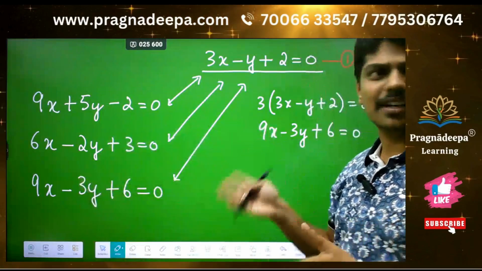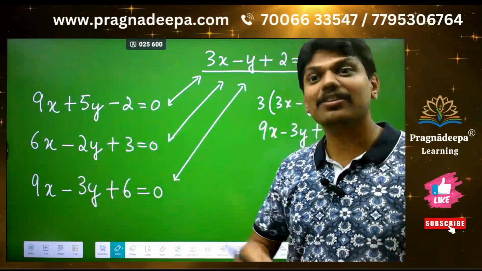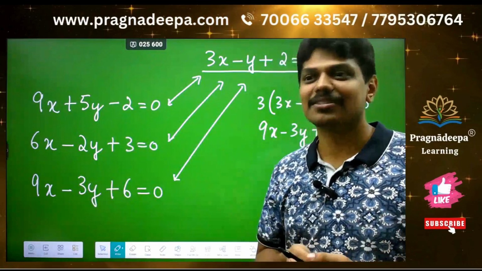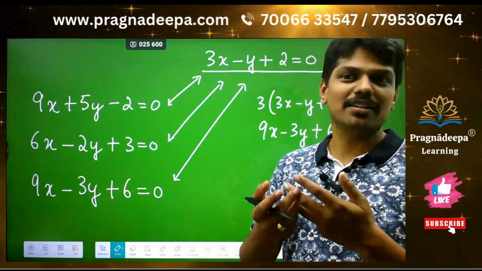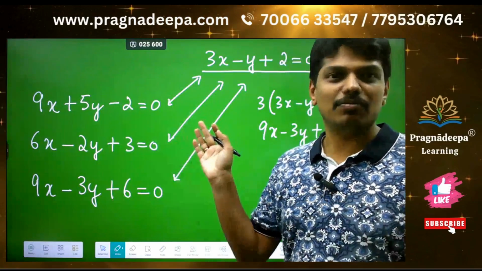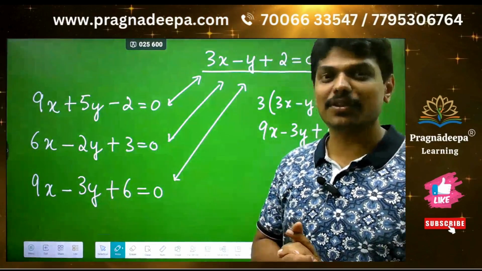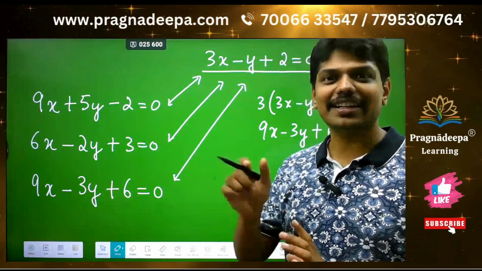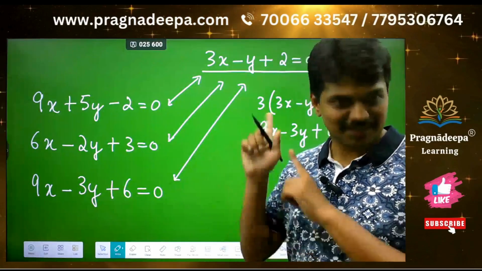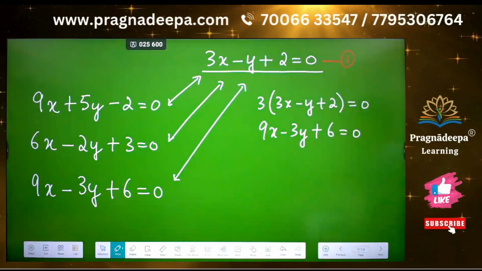Here we multiplied by 3, and by 2. Even if you had multiplied by half, or 3 by 2, or minus 10, you could have multiplied any number but non-zero. You remember we did this in the polynomials chapter? Here it is linear equations, not quadratic. So did you understand the construction, everyone? Shall we move on to the next?